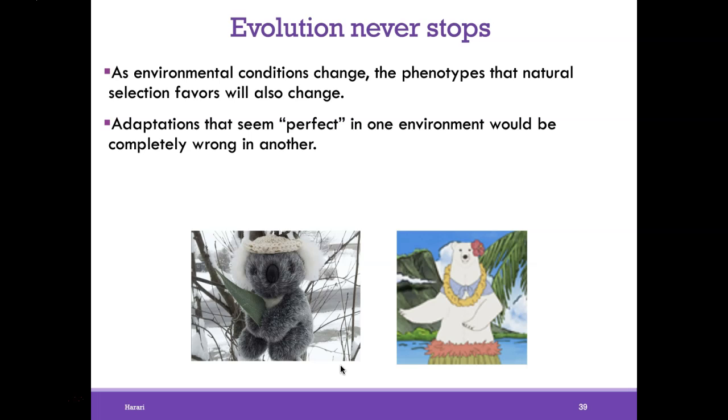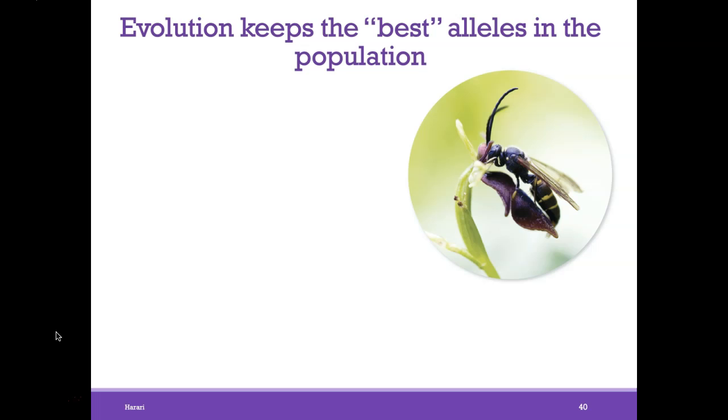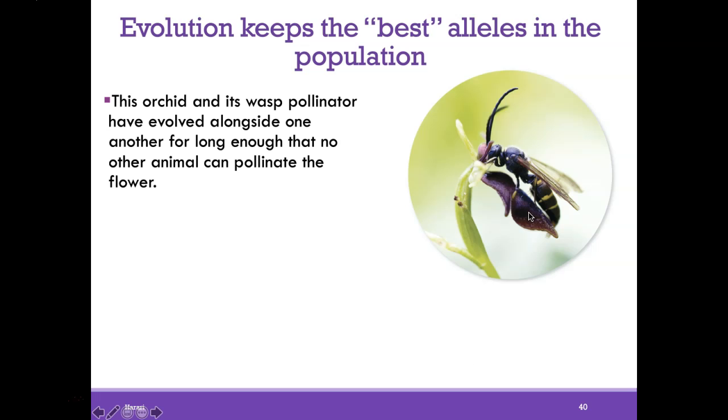It's all relative. So a good example of how species evolve together can be found in this orchid and wasp example. So this orchid and its wasp pollinator have evolved alongside one another for long enough that no other animal can pollinate the flower other than this wasp. And the orchid produces pheromones that attract the wasp.